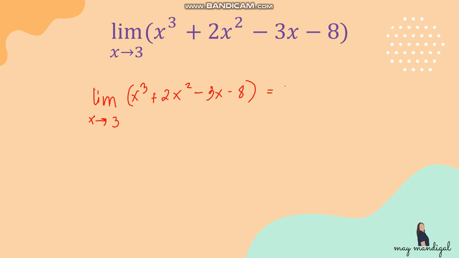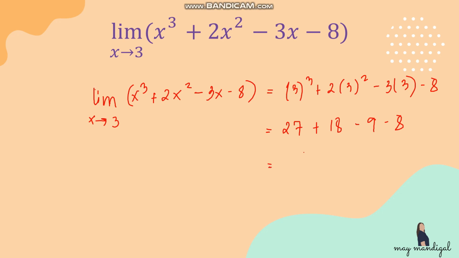So what we can do is, let's write here 3 cubed plus 2 times 3 squared plus 3 times 3 minus 8. And then all we have to do is to simplify this. So we have 27 plus 9 times 2 is 18, plus 9, minus 8. If you get the simplified form of this, we have 28 as our answer. So that means the limit of this function is 28, or the function approaches 28 as the value of x approaches 3.